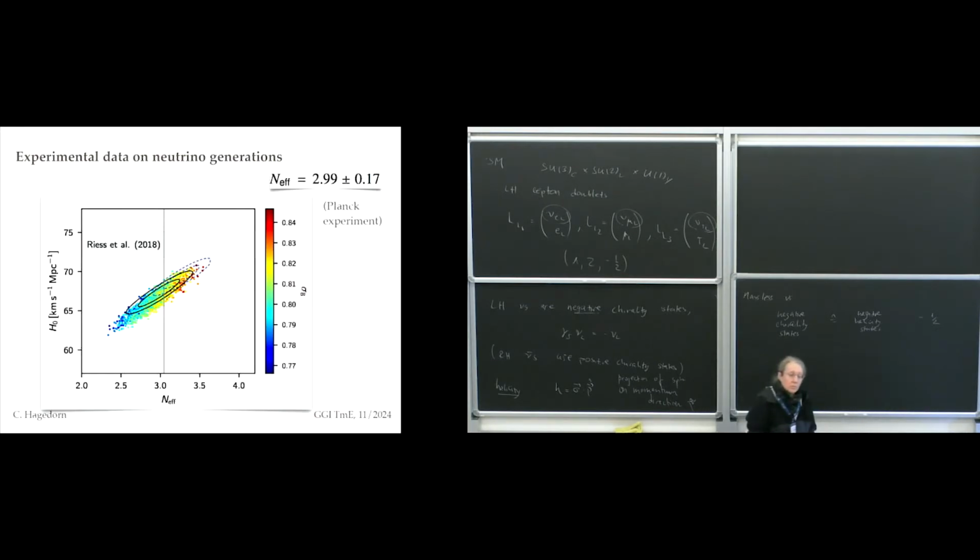So what happens if a particle is massive, and this is also true for neutrinos, obviously.